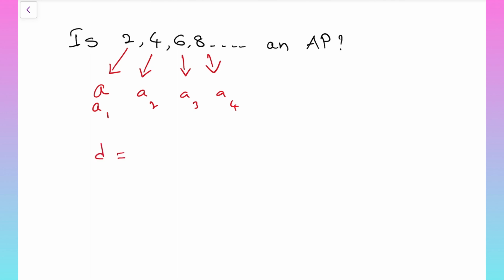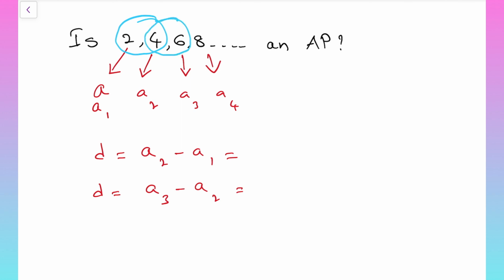So common difference D is equal to the second term minus the first term, that is A2 minus A1, and the difference is also equal to the third term A3 minus the second term A2. It's very simple. The difference of these two numbers you need to find, then the difference of these two numbers, and compare whether both are equal or different.